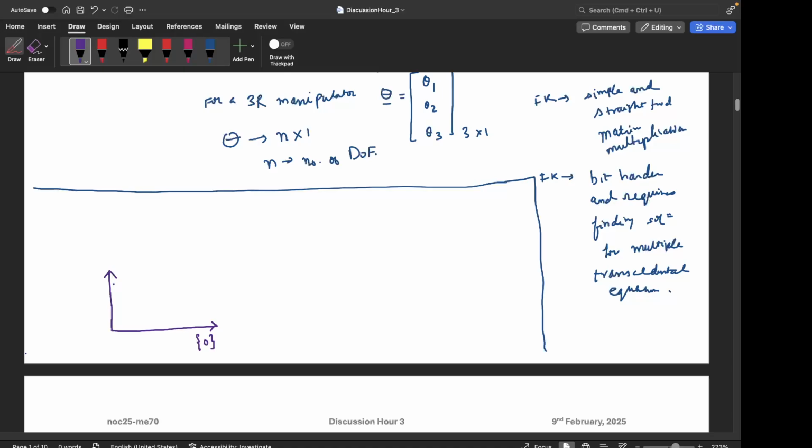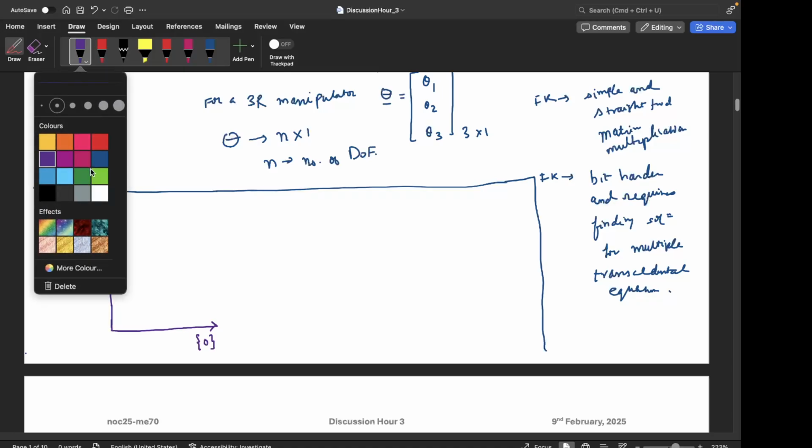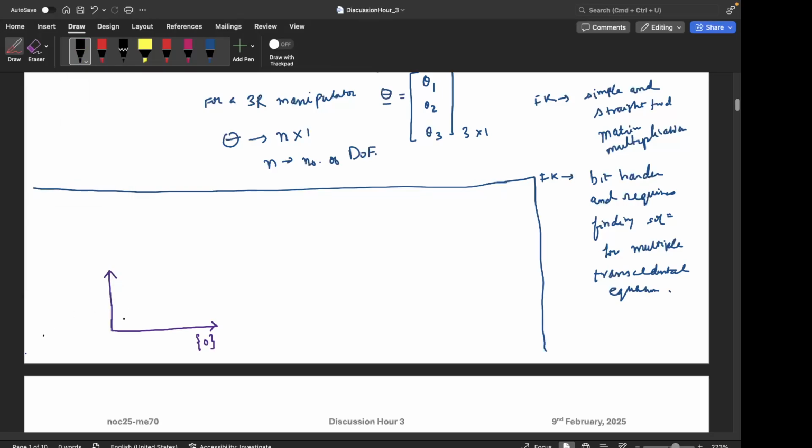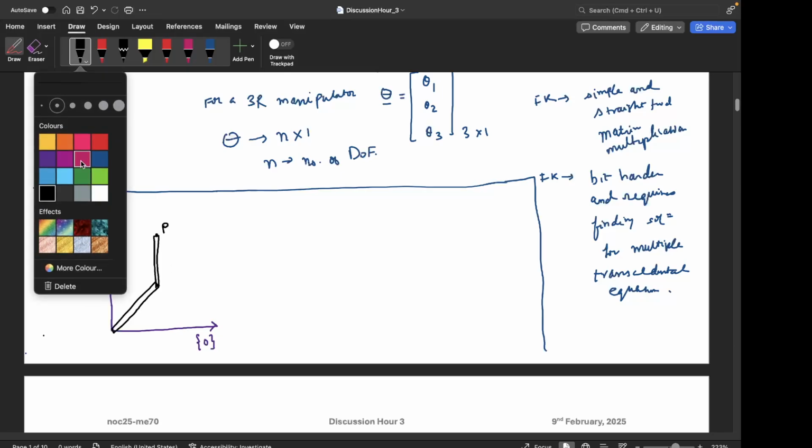Then let me first draw the links. This is the end effector, right? And then we have the frames.